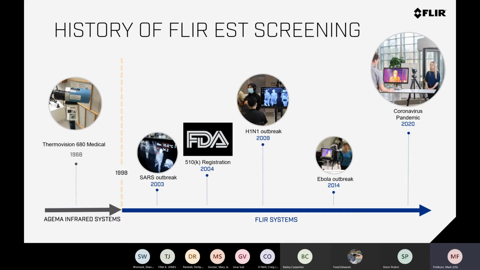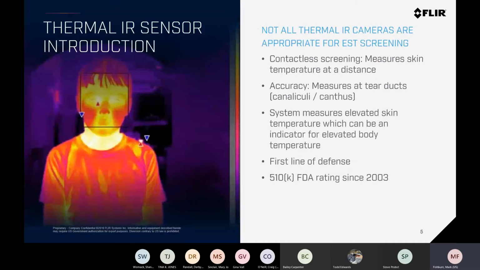And a year after the SARS outbreak, in 2003, we did achieve the FDA 510(k) registration approval. And then these cameras were used again during the H1N1 outbreak in 2009, and again for the Ebola in 2014, and now obviously for the COVID-19 coronavirus.